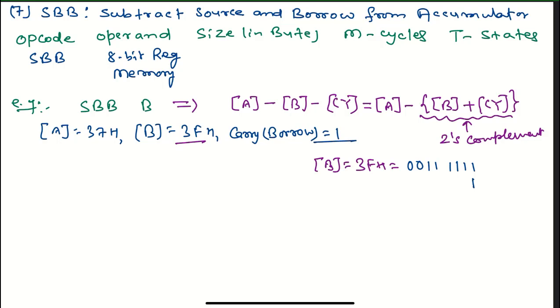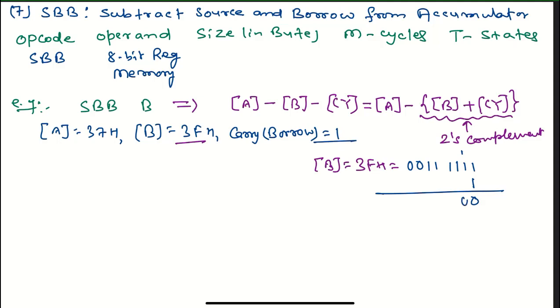So 1 should be added to the LSB. If it is 0, then 0 will be added, which means it is not going to change the result of B plus borrow, the content of B register along with the borrow. If the borrow is 0, there is no change in the result, but in this case I considered borrow as 1. So from the first stage, 1 plus 1, sum will be 0, carry will be 1.